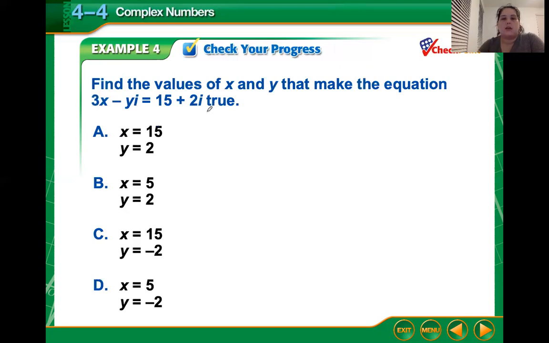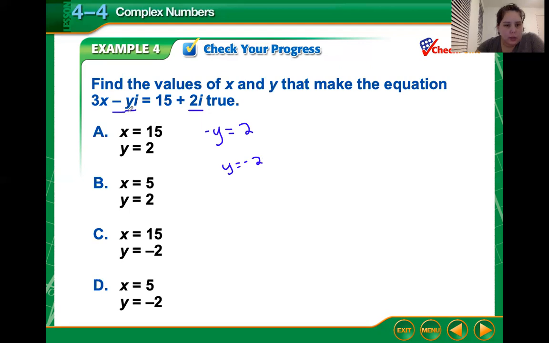So go ahead and find the values of x and y that make the equation 3x minus yi equals 15 plus 2i true. All right, so we're going to set again imaginary with imaginary, which is going to be negative y equals 2. So y equals negative 2.